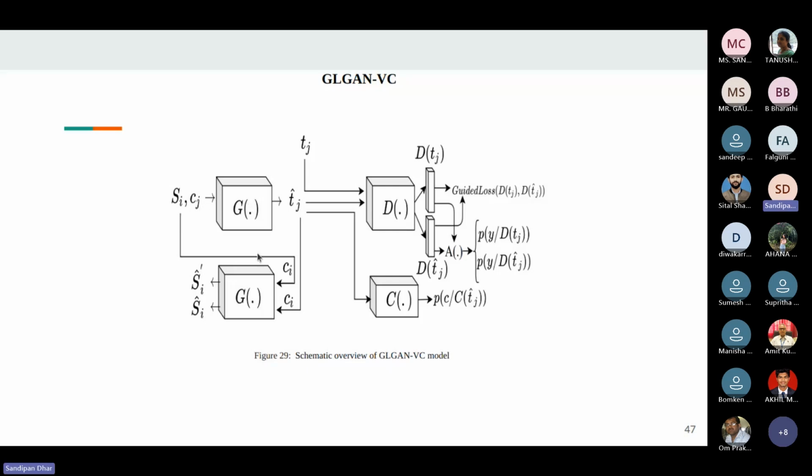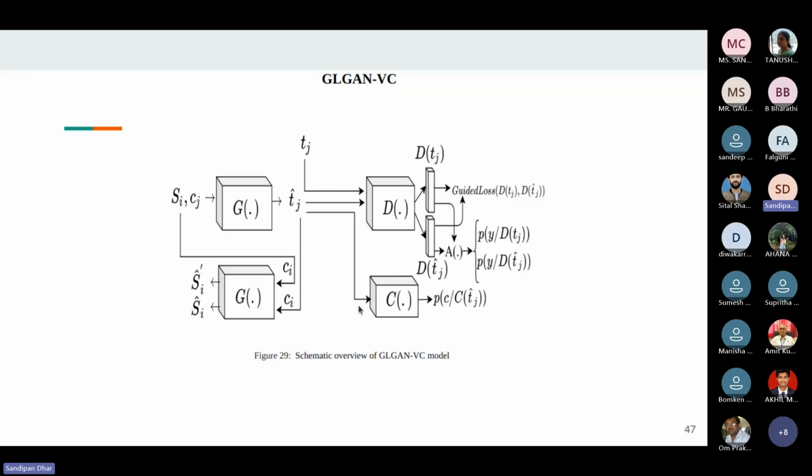Now the generator is generating T hat j, the converted feature of the jth speaker, which is similar to the jth speaker, and we also have the target speaker's actual vocal features. Now the discriminator is extracting the embeddings, and we introduce some guided loss. Based on that, it keeps finding the similarity between these two embeddings, and it gives feedback to the generator.